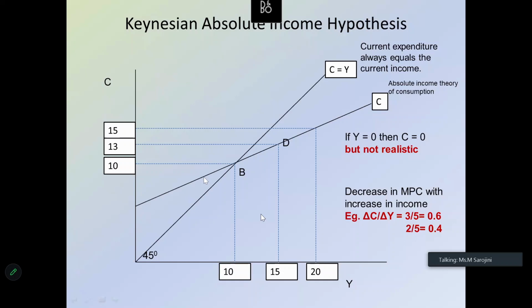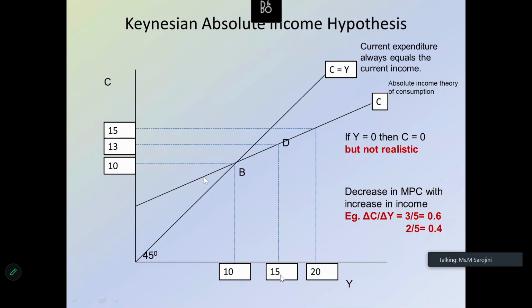Here, in the first point B, the income is equal to 10 and consumption is also equal to 10. From B to D, the change of consumption is 3 and the change of income is 5. So the MPC is equal to 0.6.